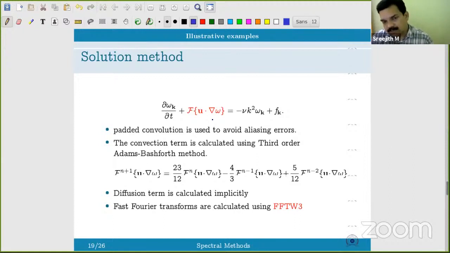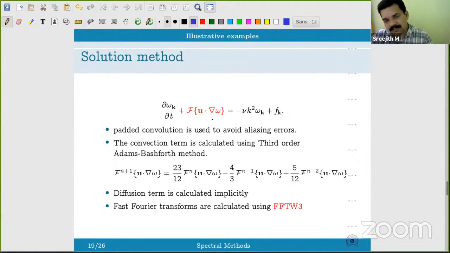Before transferring back into the physical space, we increase the size of the grid in wave numbers, transfer to the physical space and find the product, then transfer back to the configuration space and remove the extra grid points or wave numbers, so that you can avoid aliasing errors. This is known as two-third padding.